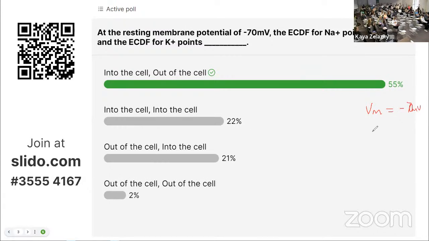And we know from that previous slide and also some of our examples in our last unit that our equilibrium potential for sodium is +60 millivolts, and our equilibrium potential for potassium is -94.